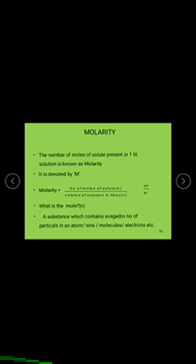That is, capital M is equal to small n by V, where n is the number of moles. Then molarity is equal to W by GMW into 1 by V in liters.